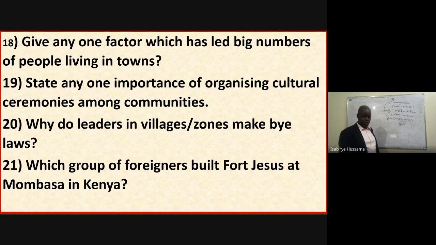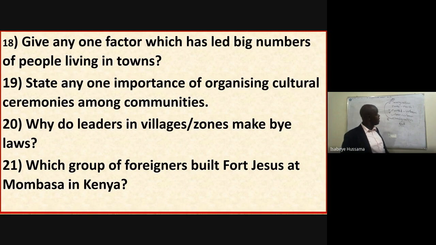This is very common, commonly examined, commonly tested, and children can easily come up with the answers. For example, that people move from rural areas to urban areas to look for better paying jobs, to look for better schools in urban areas, to look for better hospitals in urban areas, to look for areas with electricity.